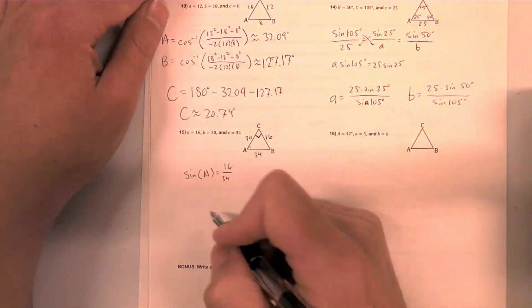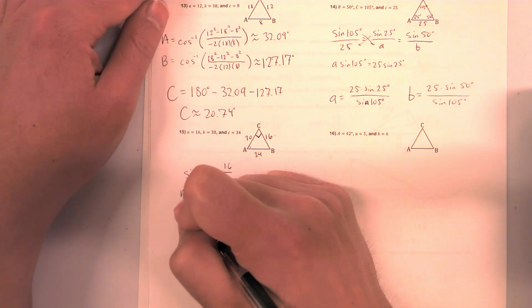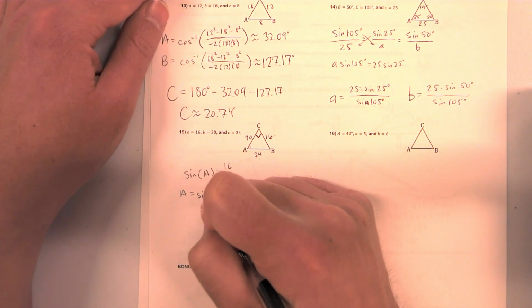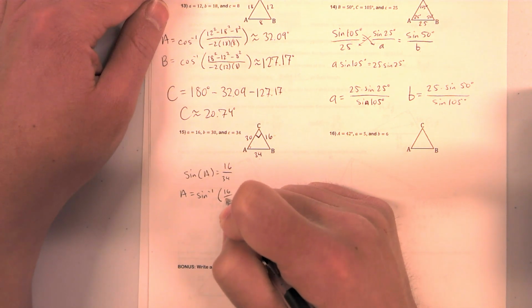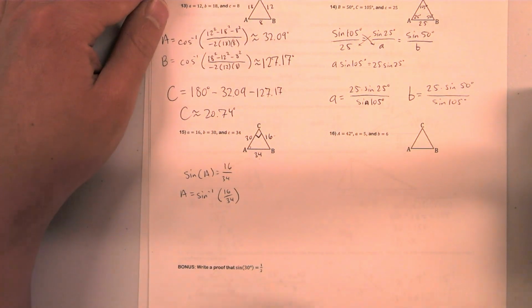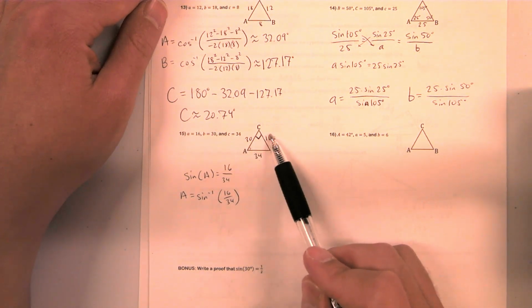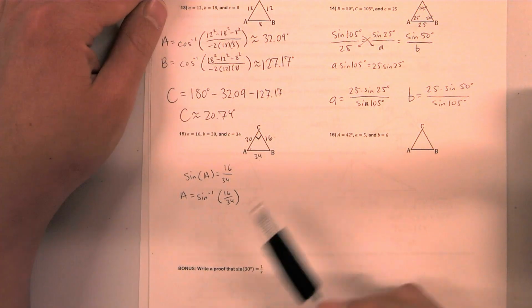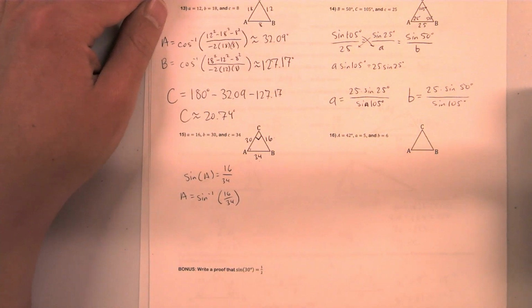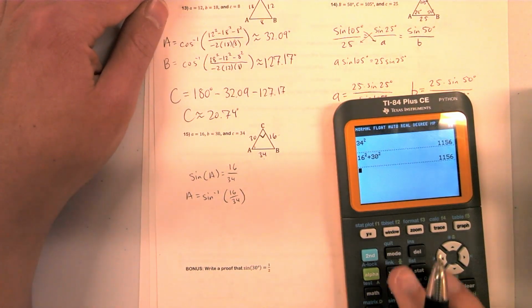And then, as we saw previously, you just inverse sine both sides. So A is the sine inverse of 16/34. Similarly for B, you can just pick which two sides you want to use and do a trig ratio, or I could approximate A here.